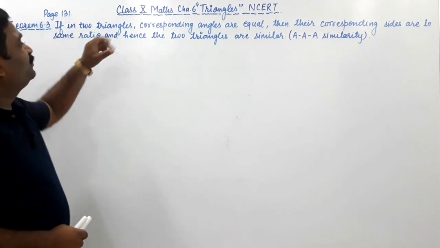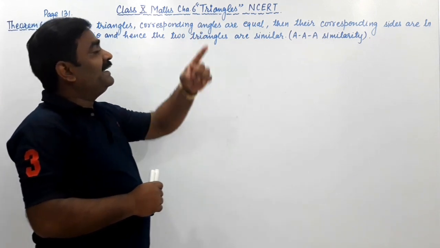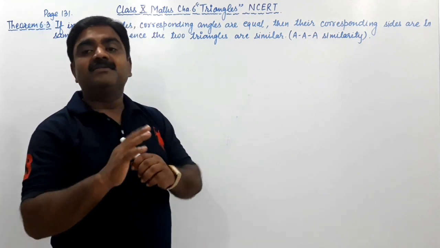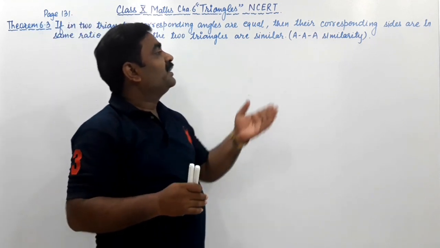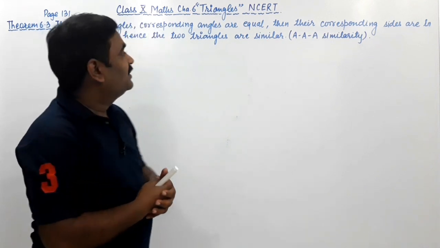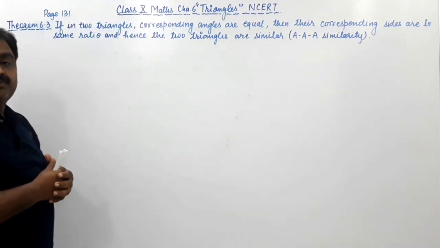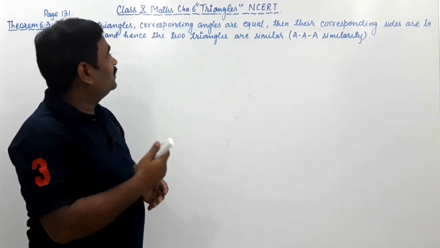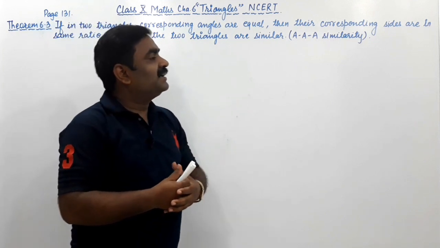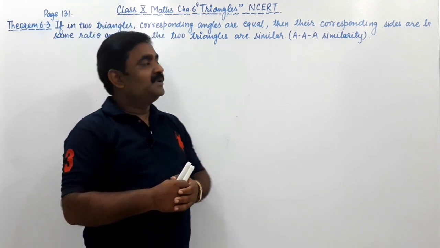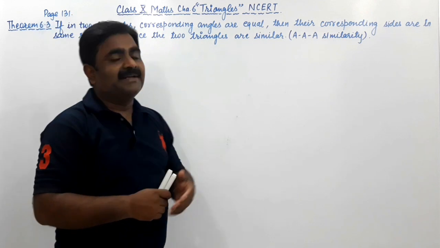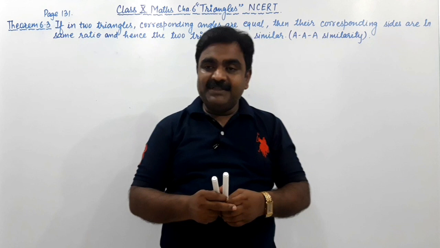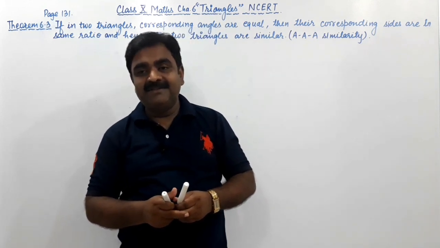If in two triangles the corresponding angles are equal, two triangles are given and their corresponding angles are equal, then their corresponding sides will be in the same ratio, and hence the two triangles are similar also. Right friends? Any confusion? Okay.